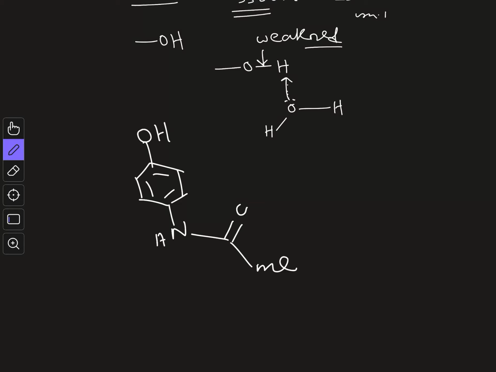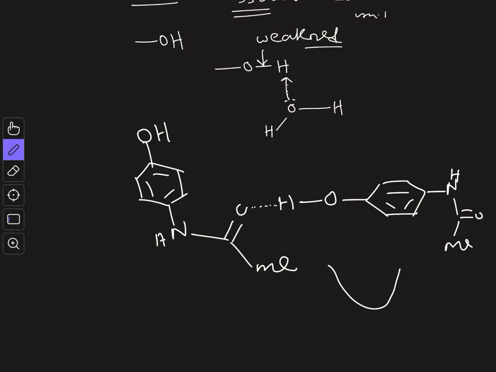Now you will see that this molecule will have intermolecular hydrogen bonding between two molecules, and you will see that broadening in the OH region. So you will see a broad peak at around 3300 centimeter inverse.